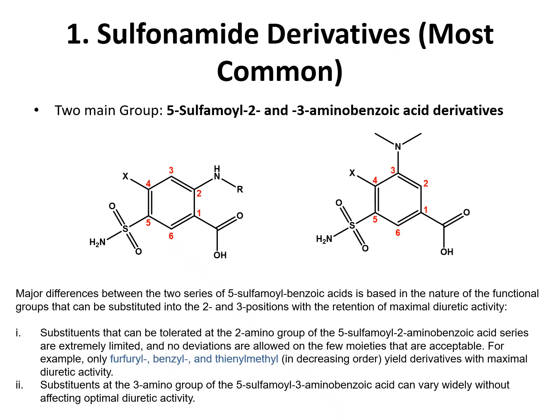Of course this difference is important because we will find here in general that in the case of the first group, which is the 2-amino group, this R can have only a very limited number of substituents that are active. When the amine is at number 2, there is only a very limited number of substituents in place of the R that you can replace and the compound remains active as a loop diuretic.